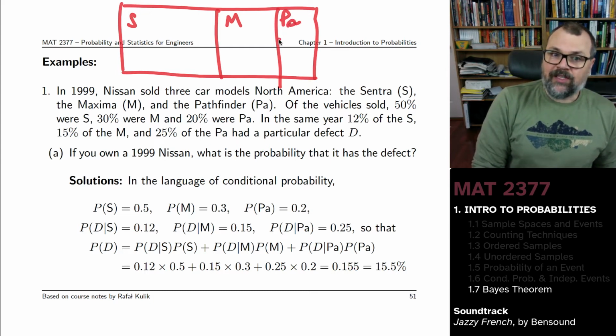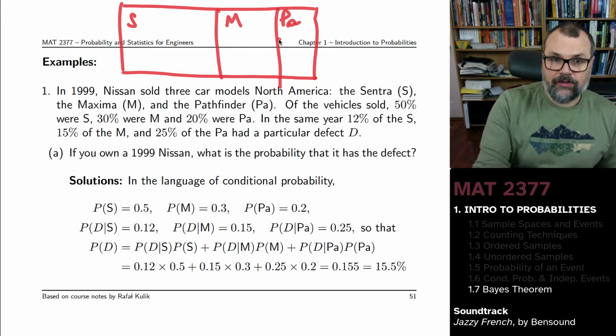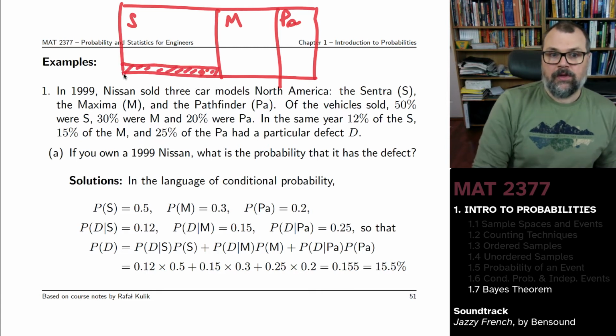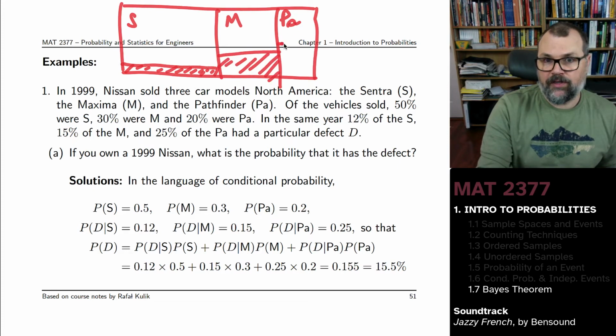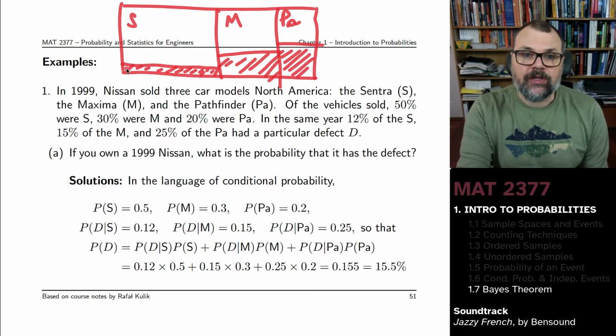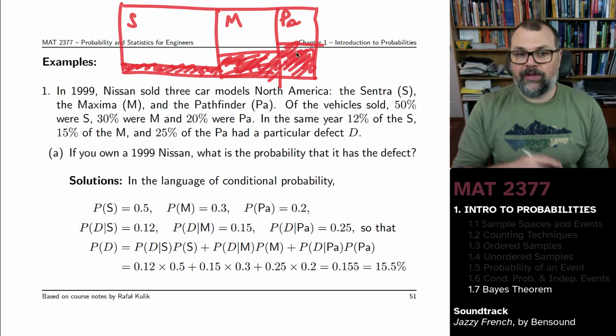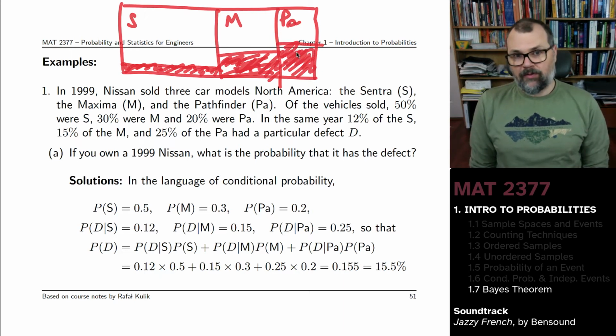And what we have is that 12% of the Centras, roughly speaking, are defective. That 15% of the Maximas are defective, and then I'm just saying 25% here. Let's pretend that my drawings are up to scale. They're not. What you're interested in is computing the area of the red region, red zone. And this is what the law of total probability really does for you.